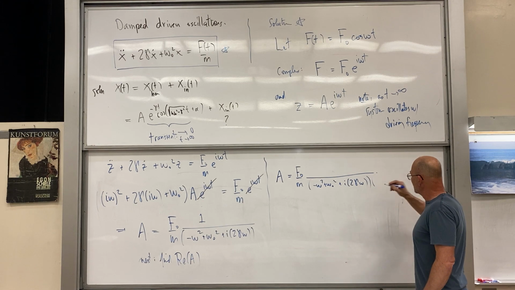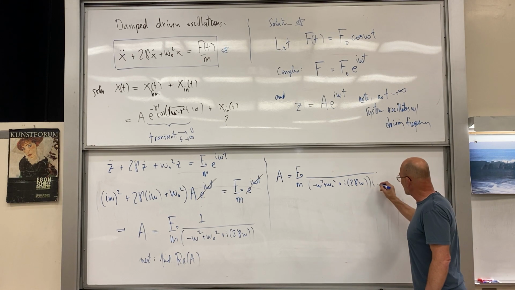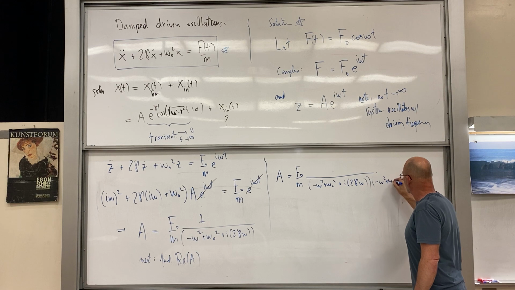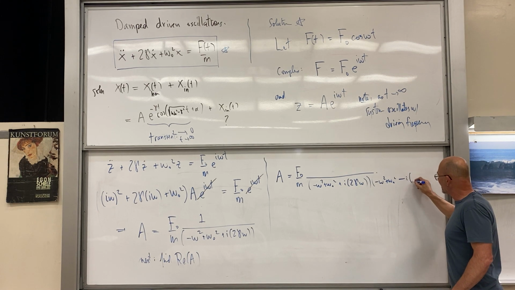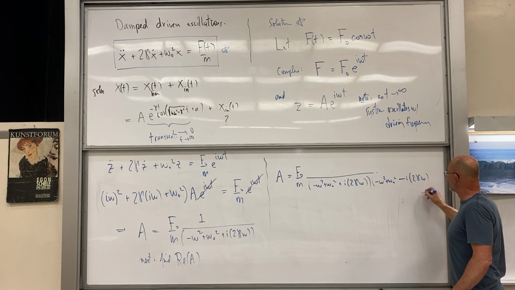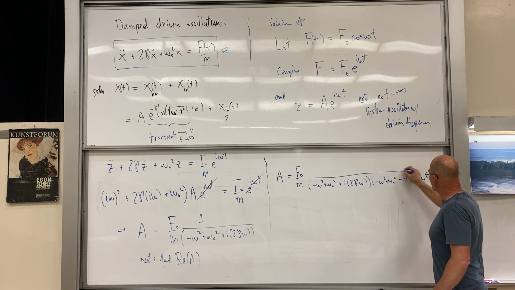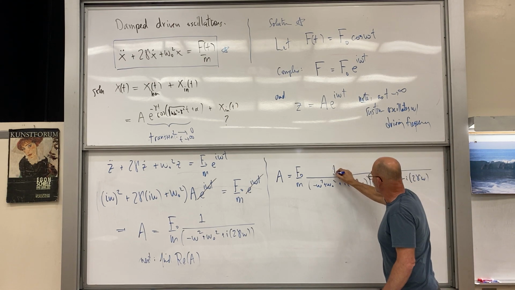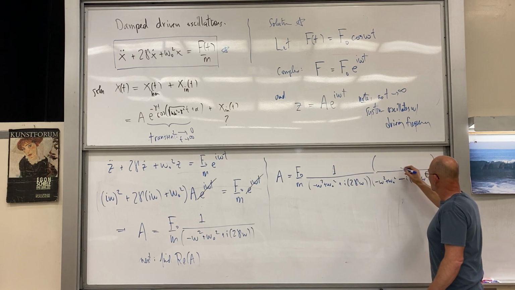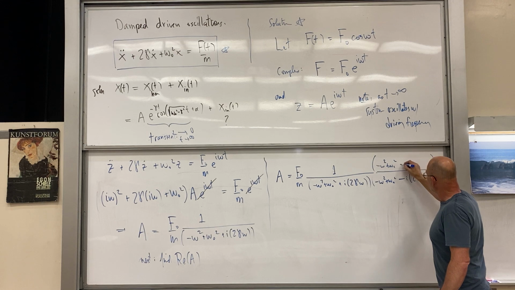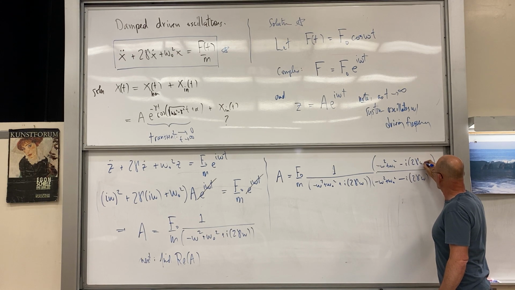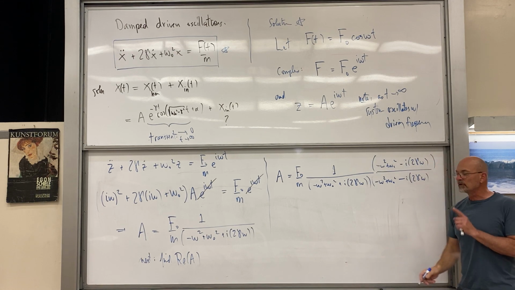And then we're going to multiply by the complex conjugate, so minus I 2 gamma omega. And we do that in the numerator as well. So there's a 1, minus omega squared plus omega naught squared minus I 2 gamma omega. So far we've just multiplied by 1.